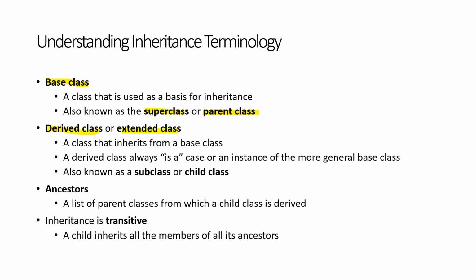And there's a relationship between those classes, between the derived class and the base class, and that relationship is an is-a relationship. And why is it called an is-a relationship?